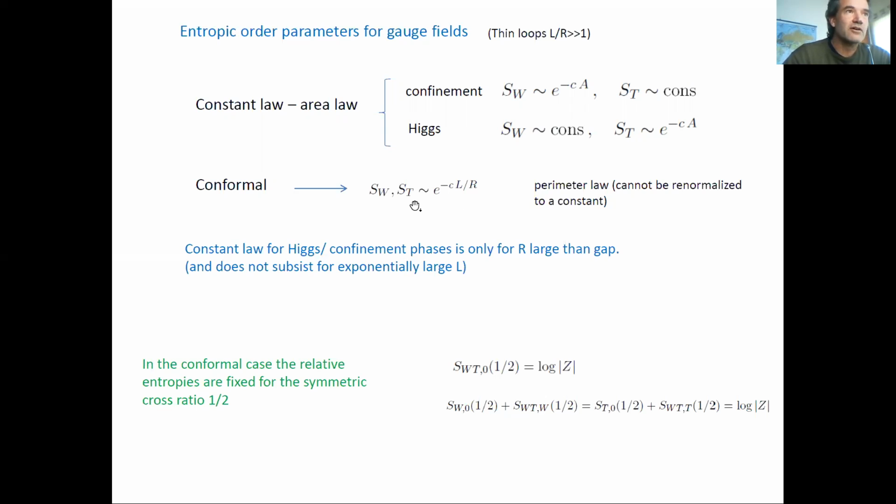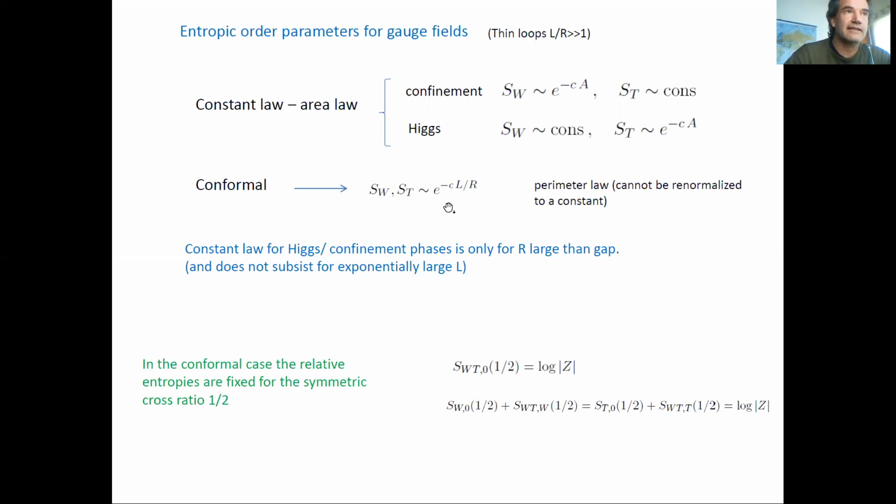Also, suppose you have an operator that is a kind of Wilson loop with a perimeter law. You cannot renormalize it in such a way that it is still unitary, still satisfies the group operation, and has a constant law.